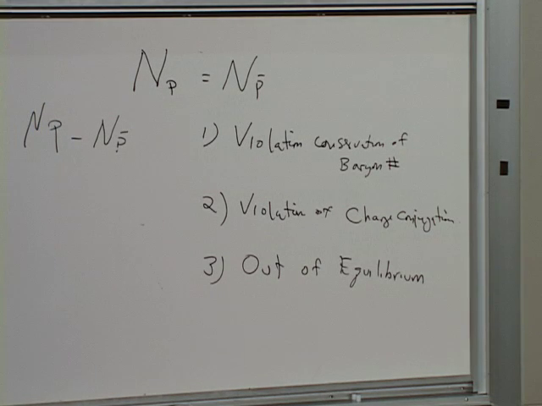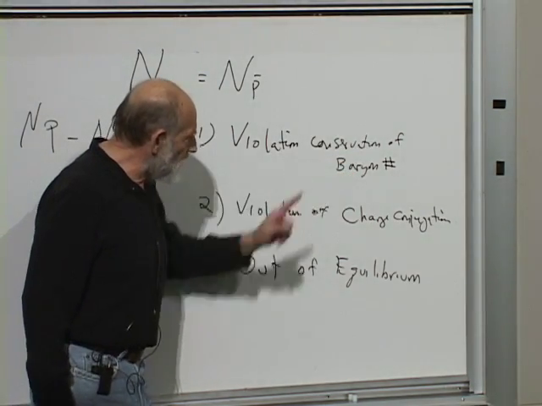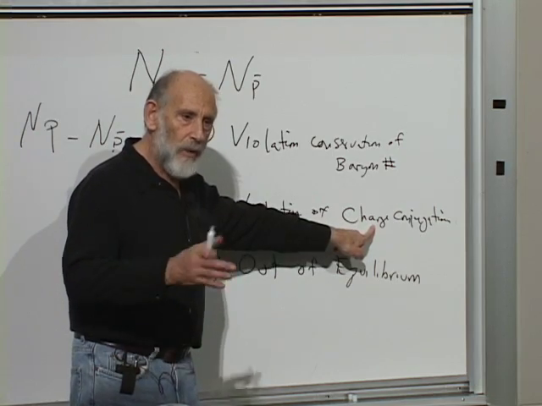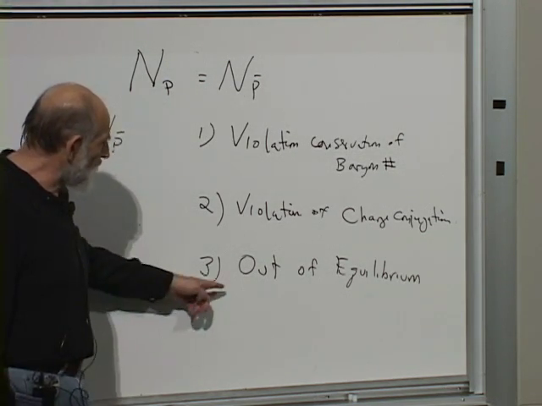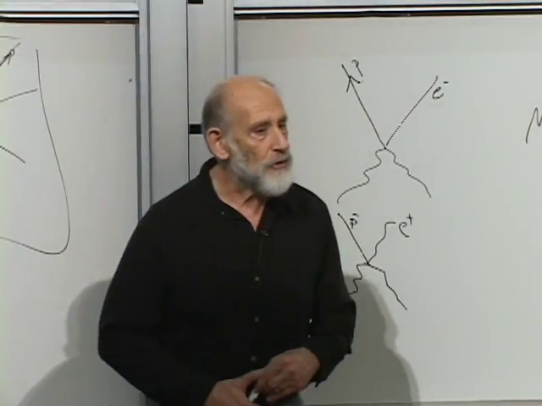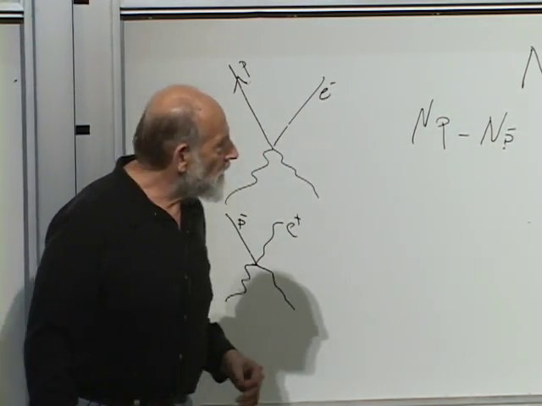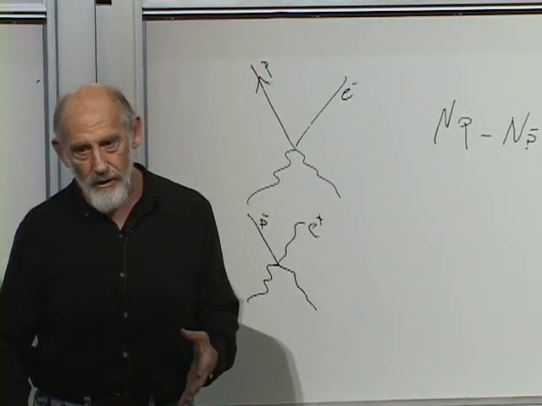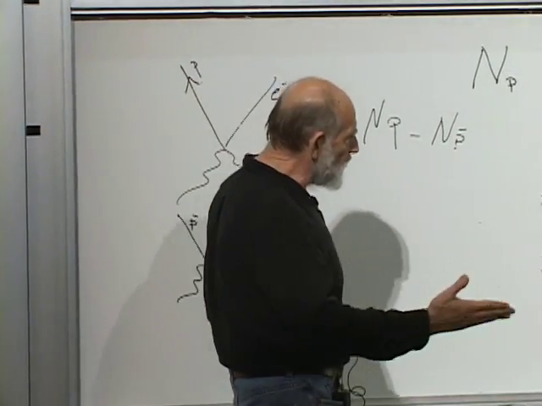Now, it's an interesting theorem that if all of these conditions are satisfied, number one, that baryon number is not conserved, number two, that the symmetry between particles and antiparticles is broken, is not a symmetry, and third, that the universe was for some period out of equilibrium, in other words, that the expansion rate was fast enough to affect particle reactions, then even if you start with a universe which is equal number of protons and antiprotons, equal number of positrons and antipositrons, it will get tilted one way or the other.